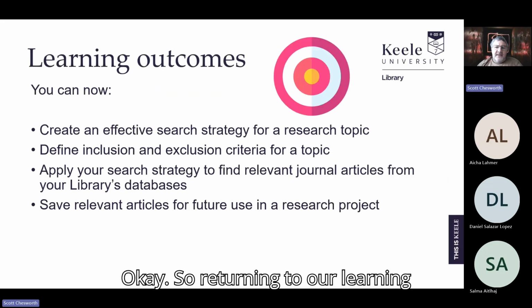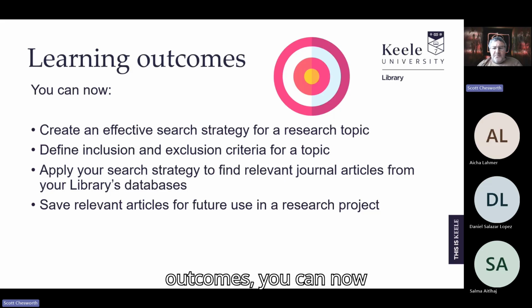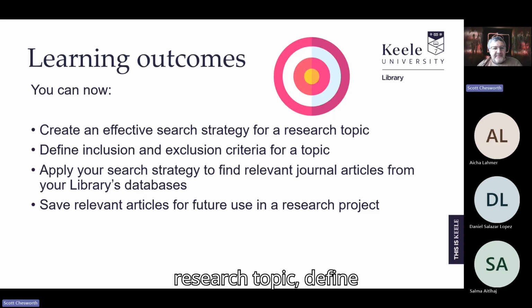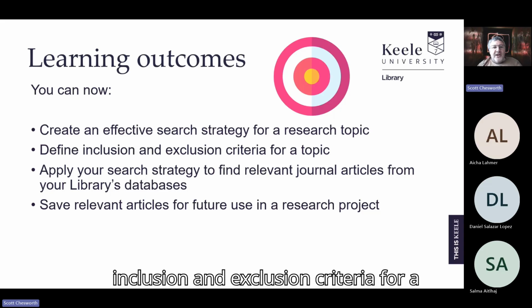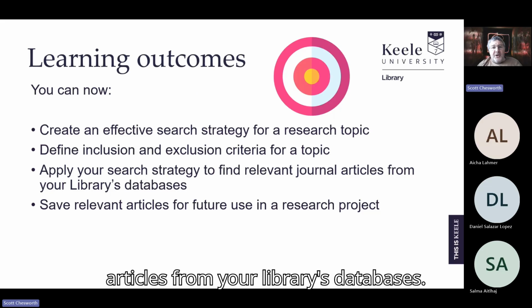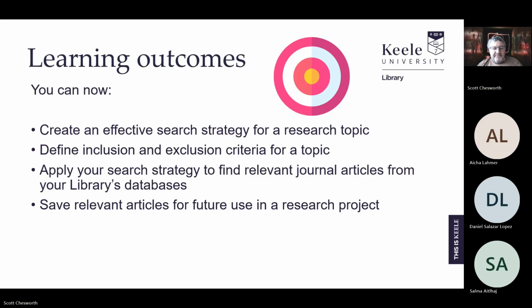Okay. So returning to our learning outcomes, you can now create an effective search strategy for a research topic, define inclusion and exclusion criteria for a topic, and apply your search strategy to find relevant journal articles from your library's databases.